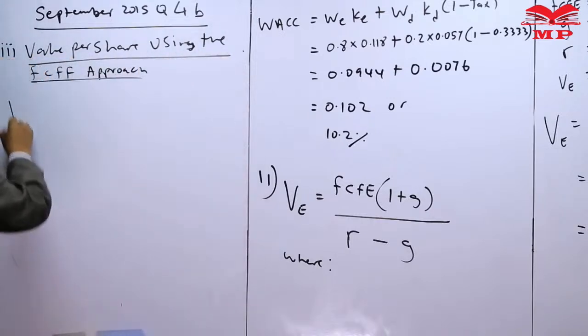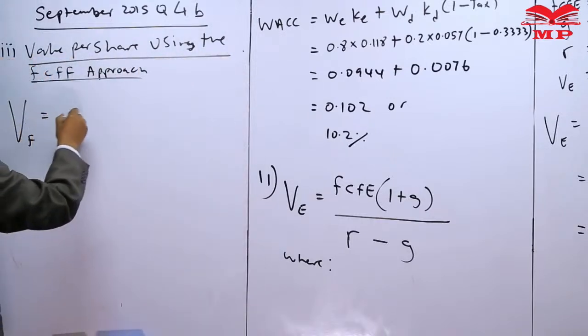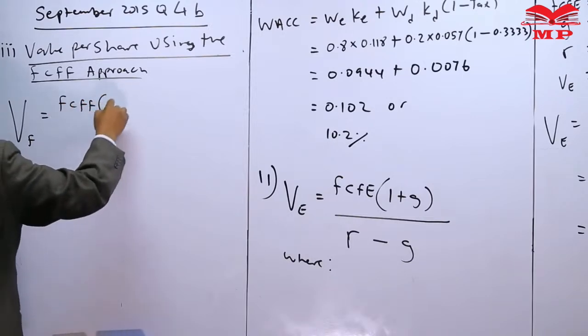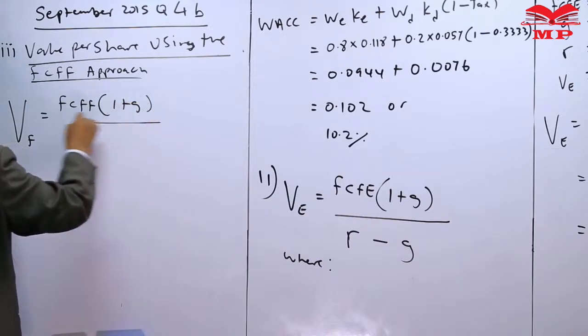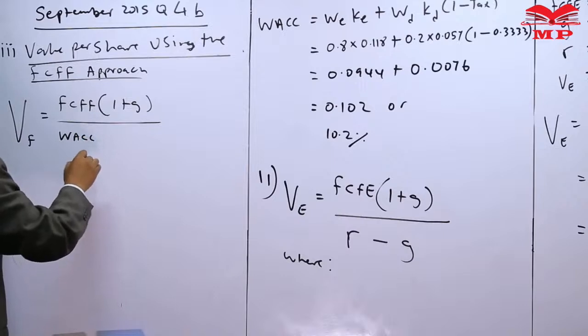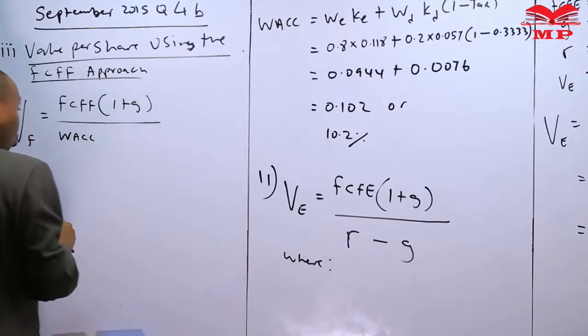So the formula is: value of the firm is given as FCFF times (1 plus G) over (WACC minus G). Remember the WACC which you had computed? Yes, we computed it right over there. We got 10.2%.